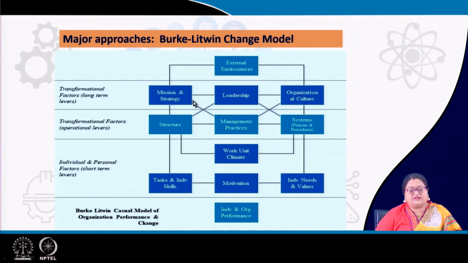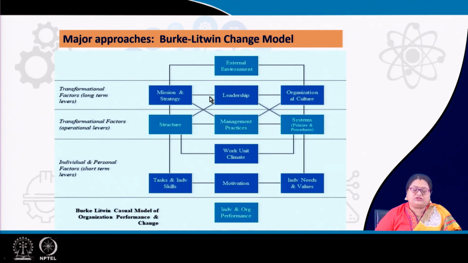Now these, you can see, have an influence on the different management practices, and the leadership also has an effect on the structure, systems, and policies, and all of these are interlinked with each other. Mission and strategy affect leadership, leadership affects culture, and organizational culture affects management practices and systems and policies.